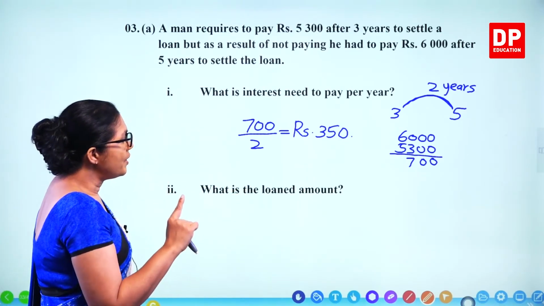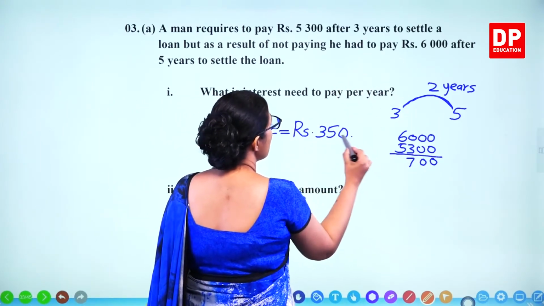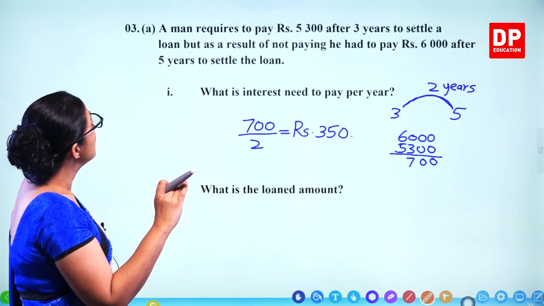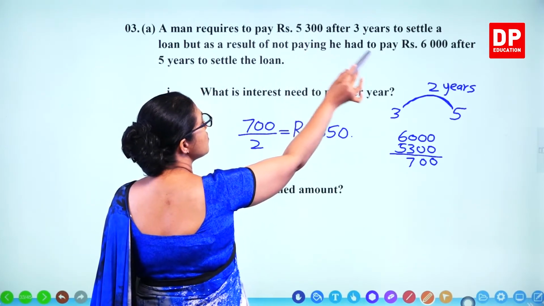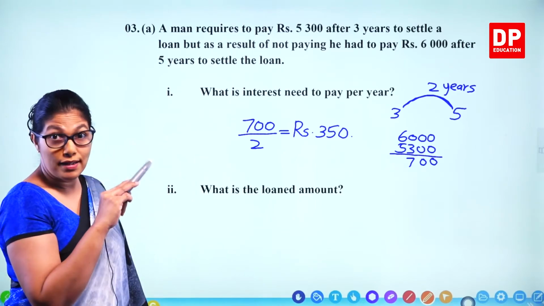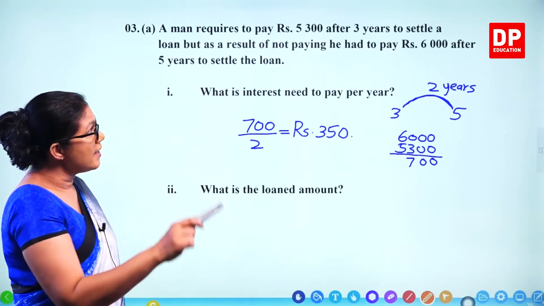What is the loaned amount? Now, 350 for a year. So what is the number of years? Either you can take this or this to find out the loaned amount. If you take 5,300, that's for the 3rd year. So 3 years passed.